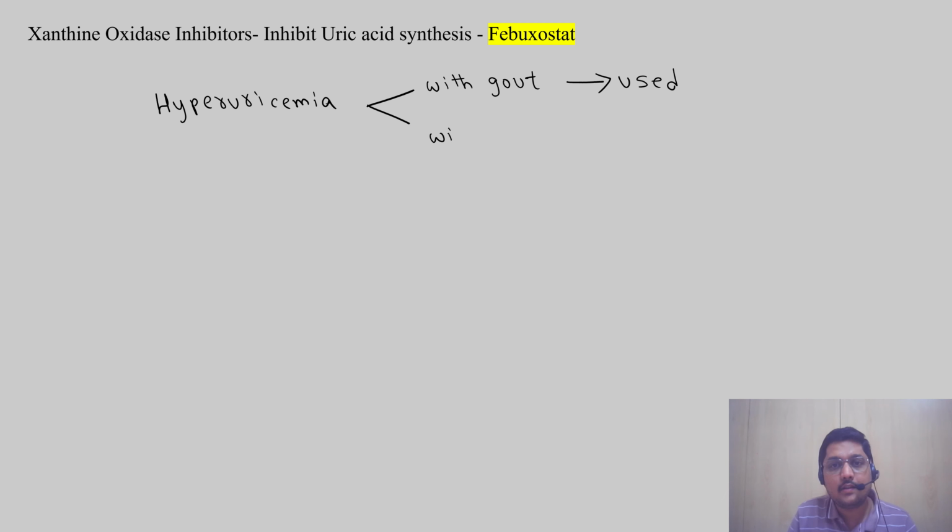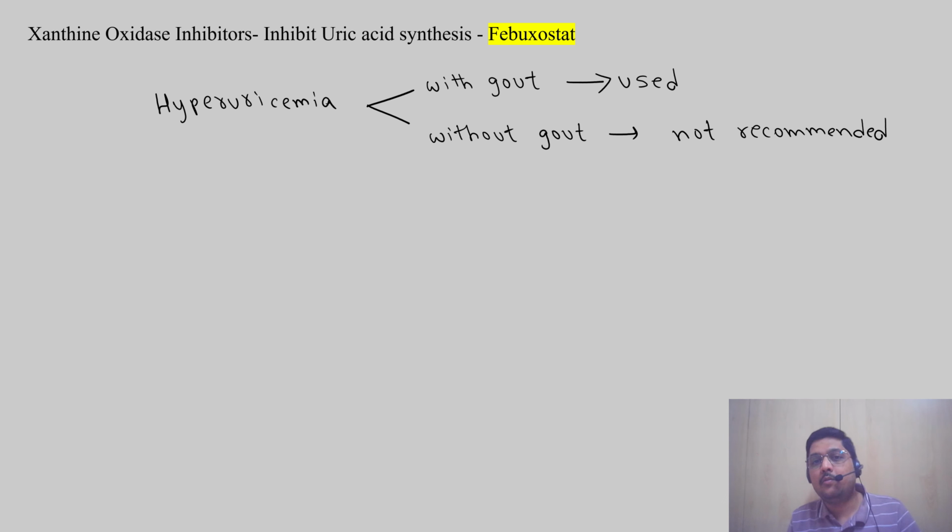But when a person has hyperuricemia but does not have gout, then febuxostat is not recommended. Okay, when the person is having hyperuricemia plus gout, febuxostat is indicated, right? But when do we indicate febuxostat? For all the patients? No, febuxostat is recommended for the patients who fail allopurinol therapy.